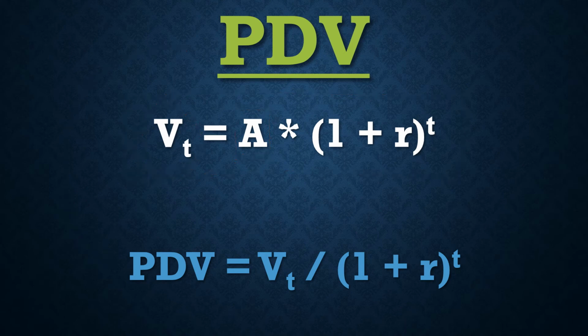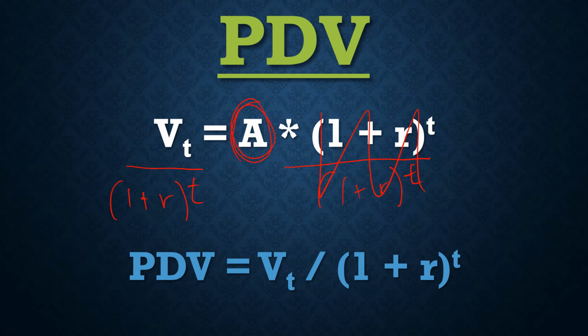And so what we're going to do is rearrange this equation. We're going to divide each side by this 1 plus r to the t. That will eliminate everything on the right side of the equation, and it will mean that the left side of our equation, our top equation here, is just divided by this 1 plus r to the t. So the V of t, the future value, divided by 1 plus r to the t, equals the current dollars in today's terms, the current principal that it would be equivalent to.